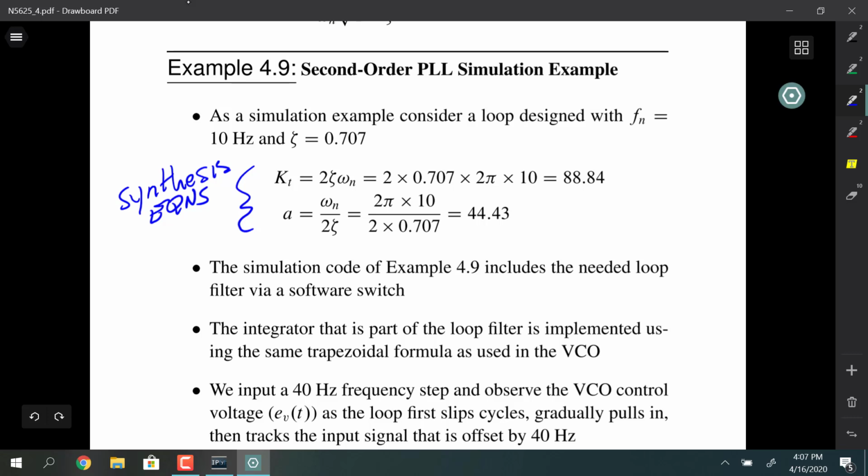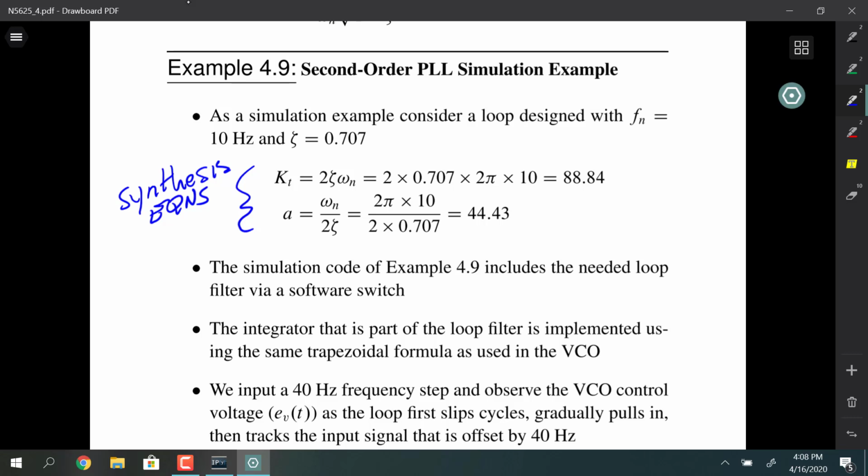Synthesis equation means that I come up with K_T given zeta and omega n, and I can come up with A given zeta and omega n. This is how I would actually design a phase lock loop given requirements that might come from my customer or the needs of the system.